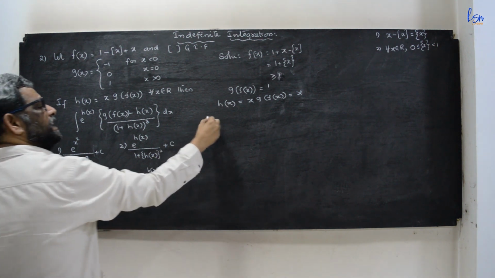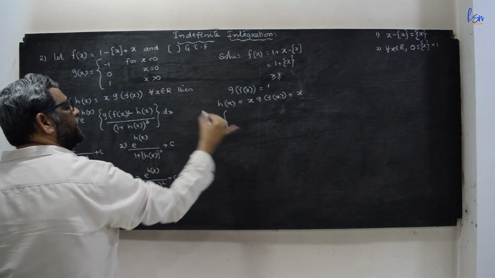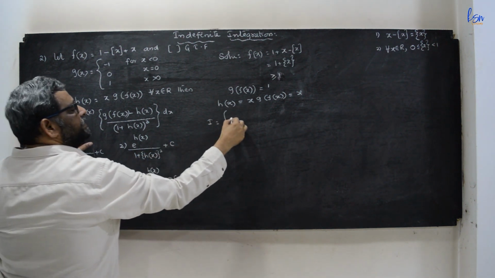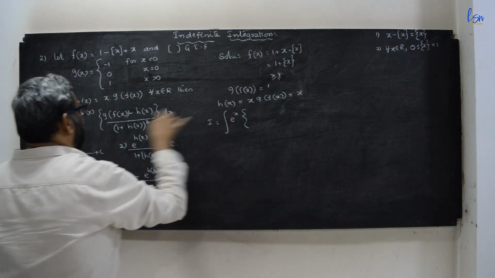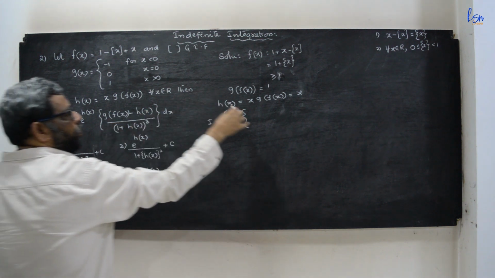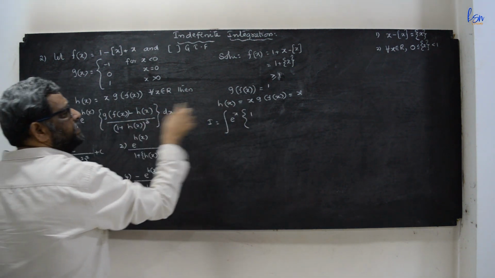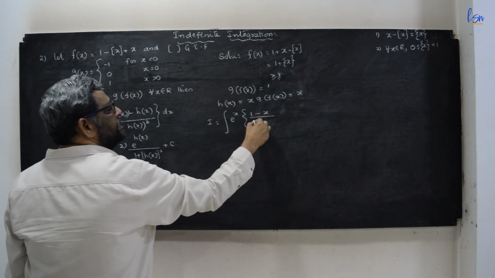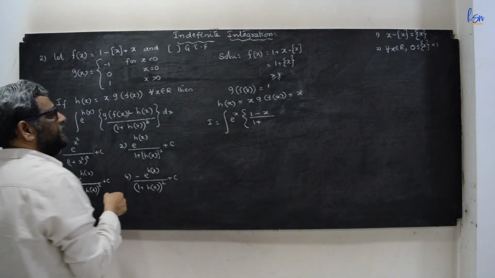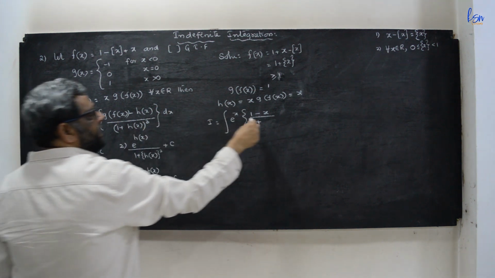Now therefore I equals the integral of e^(h(x)), that means e^x, times g(f(x)) minus h(x), over 1 plus h(x), where h(x) is x.